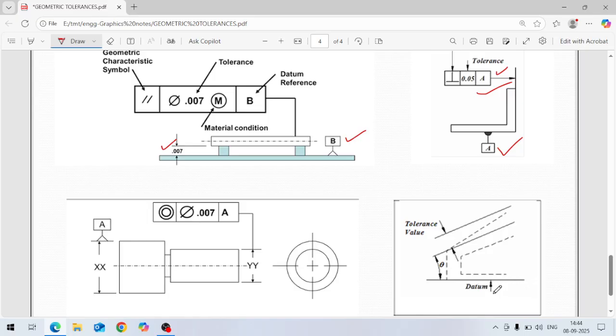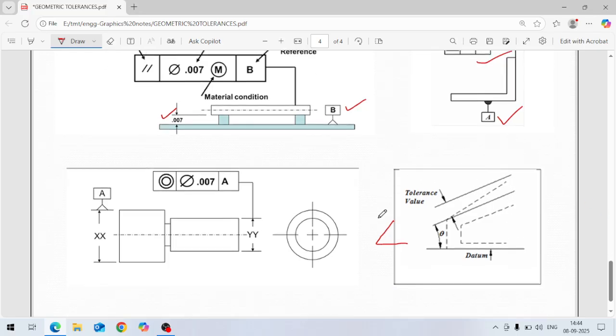The sign for angularity is just like one angle. This is angularity, orientation. So this way we can define this also.